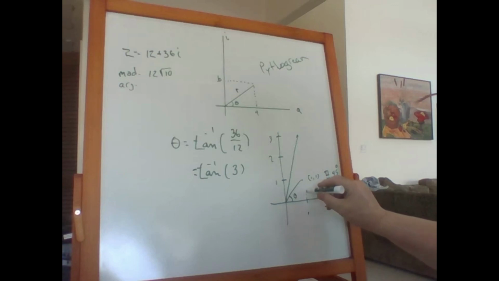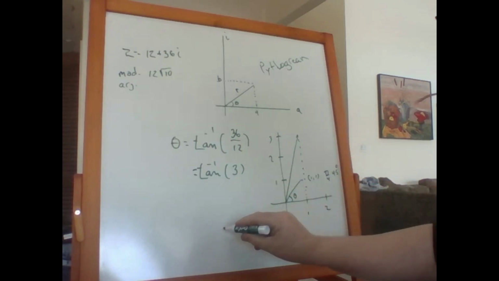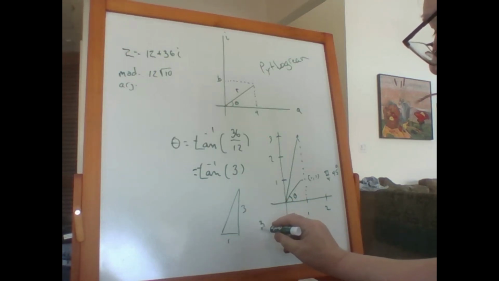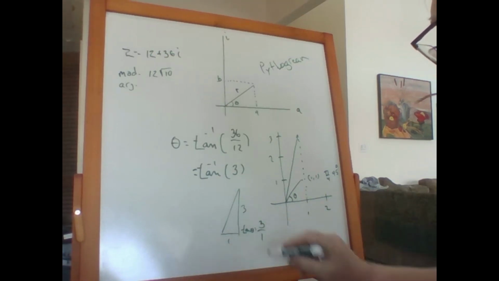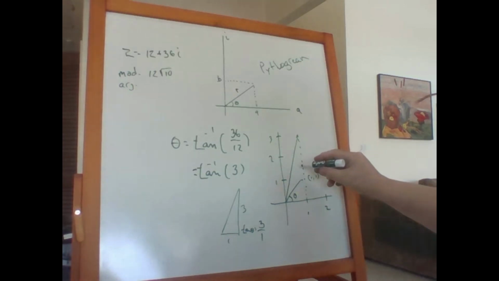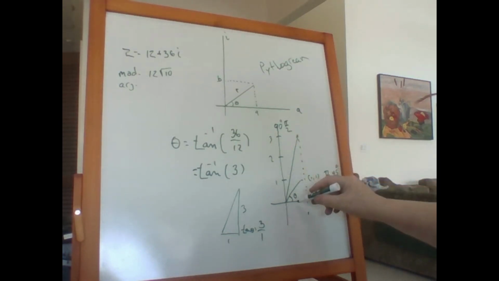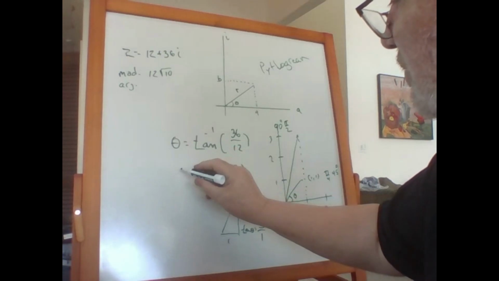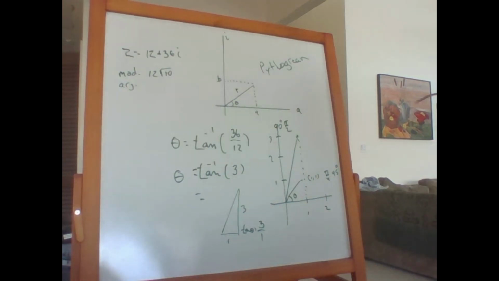If we have a triangle where the base is 1 and the height is 3, then 3 on 1 is the tangent of theta. So we see we're not quite at 90 degrees, or pi on 2, but we're much steeper than 45 degrees.